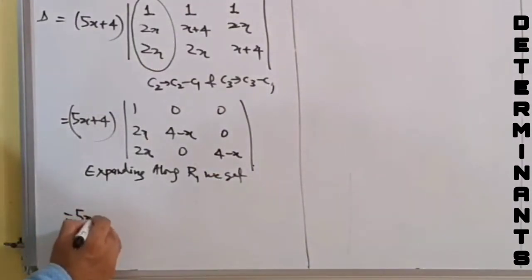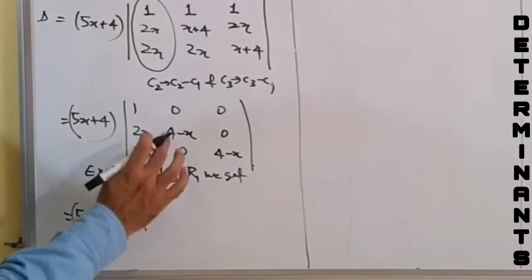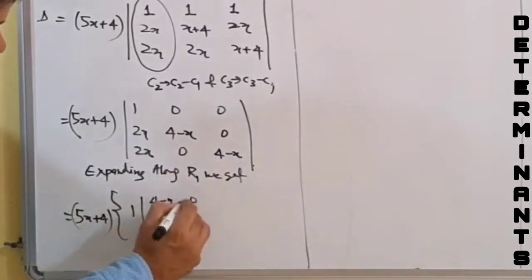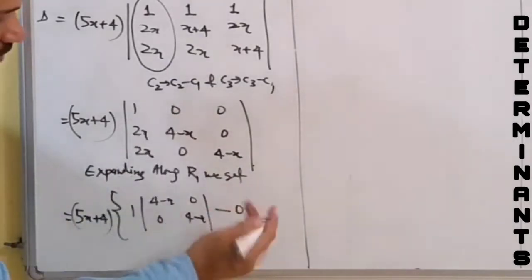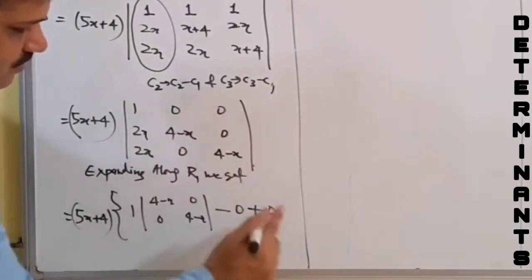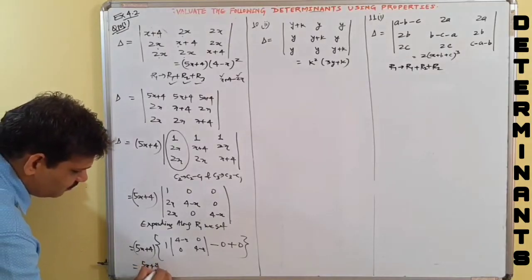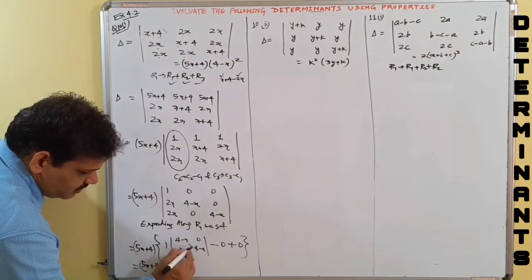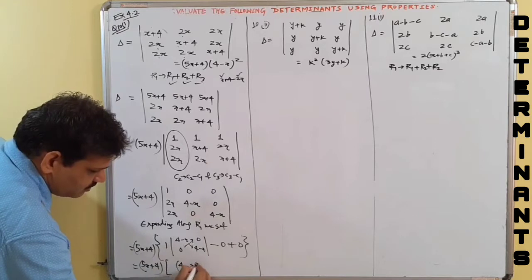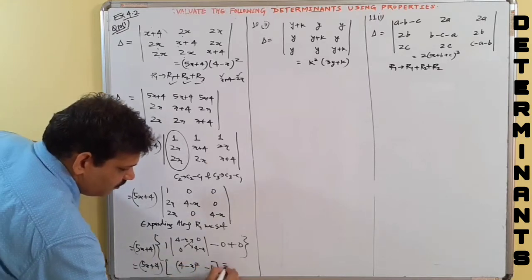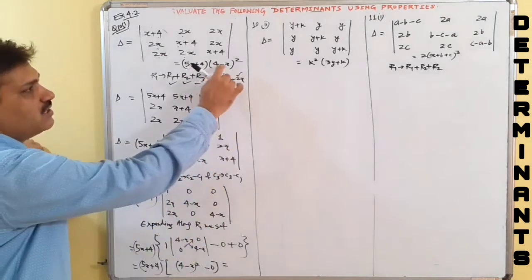So what we get is 5x plus 4 times of expansion will give me 1 times of this 4 minus x, 0, 0, 4 minus x, minus 0 times of anything, that will be 0, plus 0 times of that is 0. So what we get is 5x plus 4 multiplied by this into this minus this into this. So this will give me 4 minus x whole square minus 0, and 4 minus x whole square can be written as a minus b whole square can be written as b minus a.